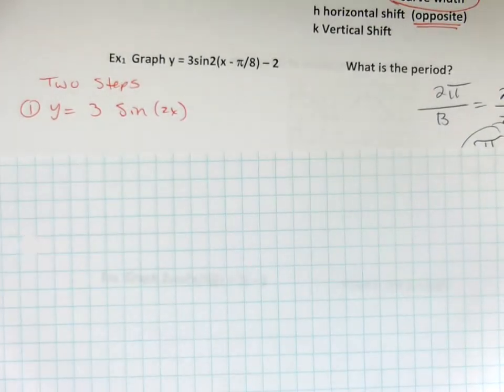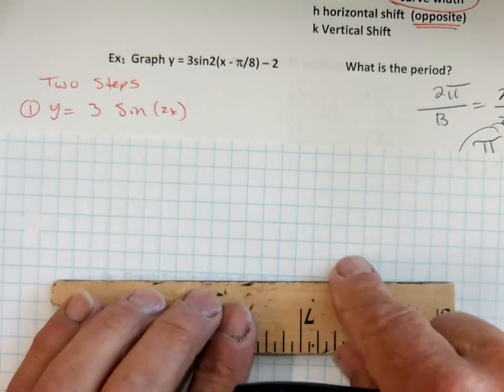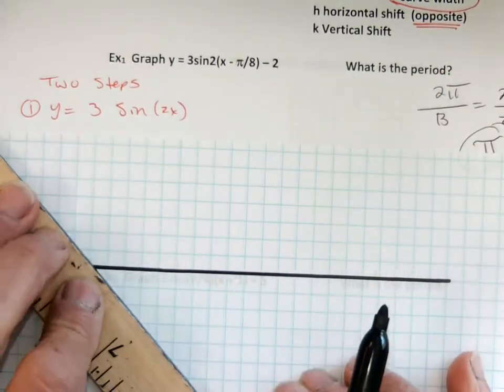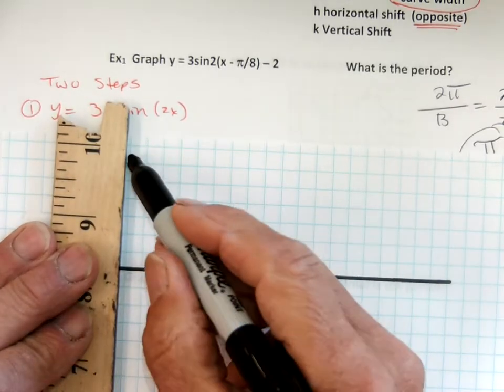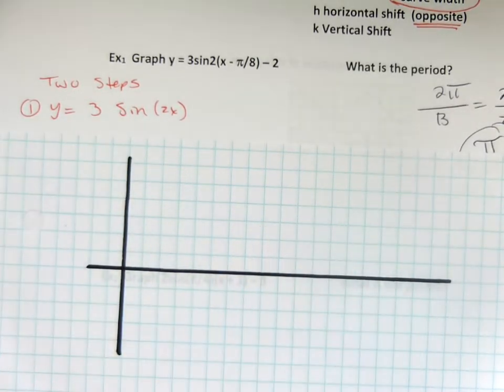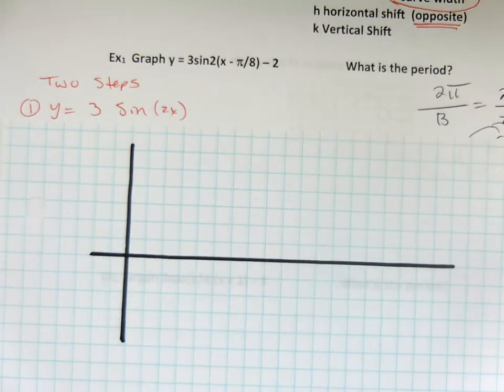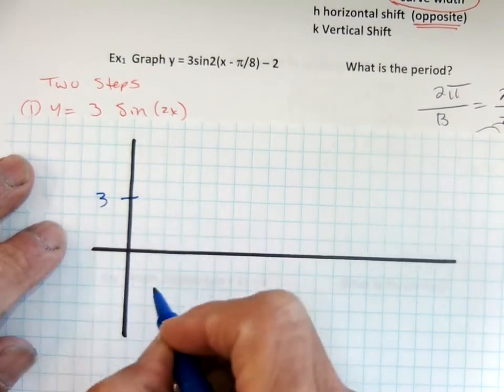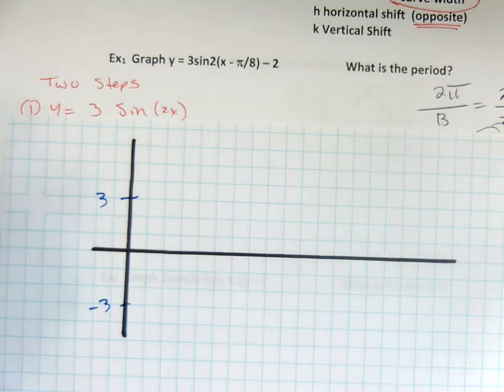Let me get a pen, a ruler. And my ruler's right here. Okay, some things I know about it for sure. 3 and -3, because that's my amplitude, right?